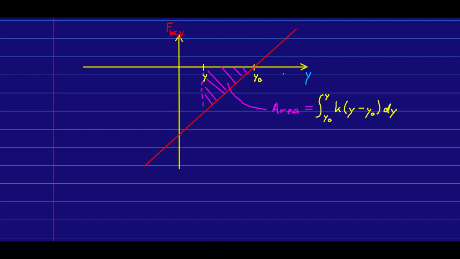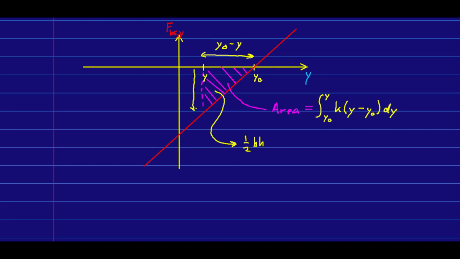However, if you don't know calculus, I hope you're looking at this and saying, well, it's a triangle, and I know how to get the area of a triangle. It's a half the base times the height. And so the base is right here, and it's just y0 minus y, where I've done it that way so it comes out positive.